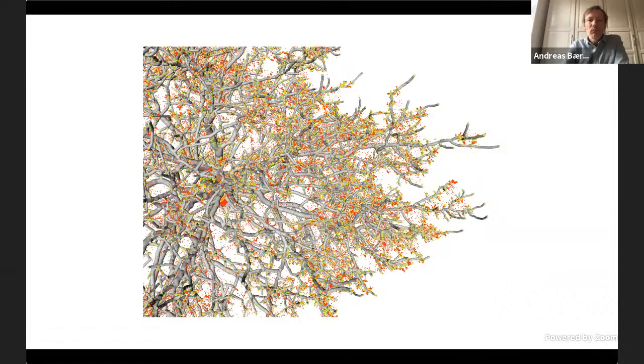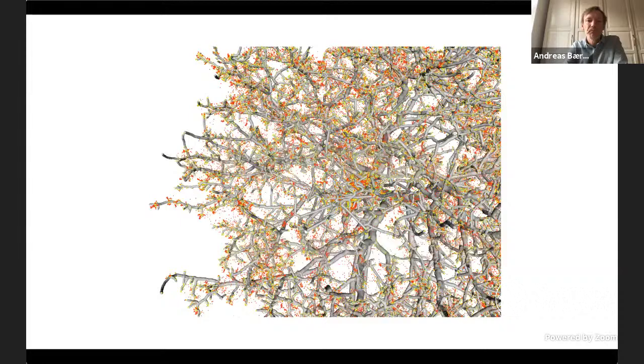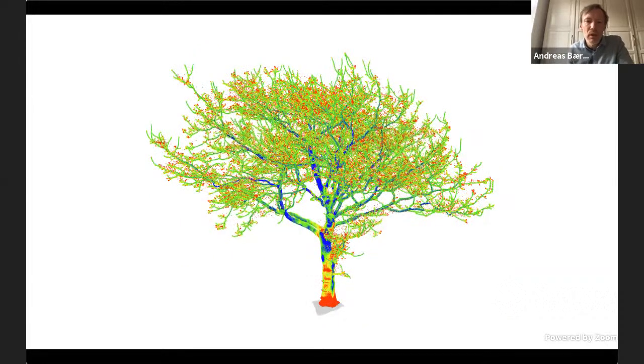And while there are many other methods for reconstructing botany, it seems that this is a nice approach which does not require a lot of prior knowledge about the botanical structure that you are looking at. So here's a view without the mesh of the error of the point cloud.